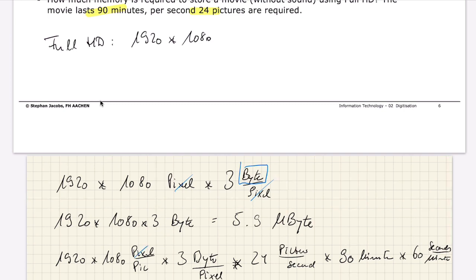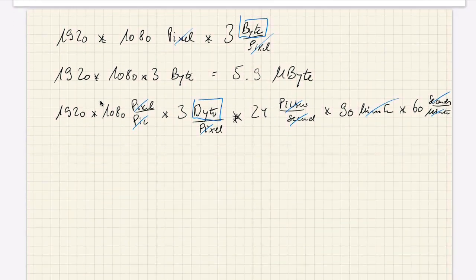You get the pixels away, you get the picture away, you get the seconds away, you get the minutes away, and the bytes will remain. That's what we are looking after. So again, we can simplify it a little bit. This is 1920 times 1080 times 3 times 24 times 90 times 60 byte.